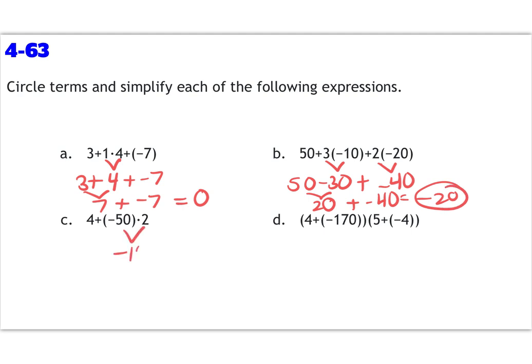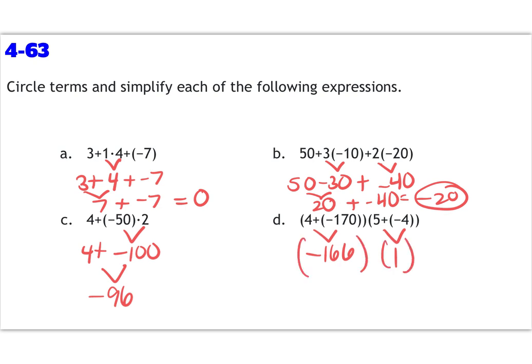Order of operations: we should have multiplied first. You've seen this problem before and your answer is negative 96. Parentheses first. Parentheses over here, showing that we need to multiply our two totals to get negative 166.